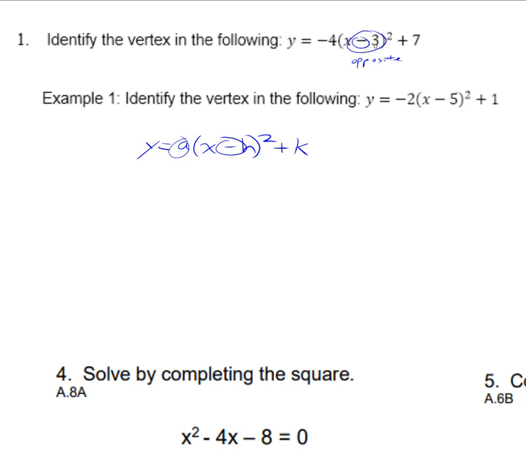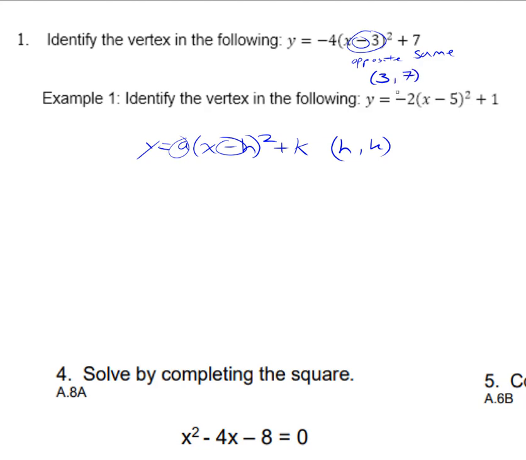So in this case, I take the opposite of the negative 3. So the x value for my vertex is going to be this h comma k. That's going to be the point of the vertex. And so I'm going to take that h here, it's going to be the opposite of negative 3. It's going to be 3. And the k value is going to be the same as what's on the end here. So on the end I have a 7, so I'm just going to make it 7.